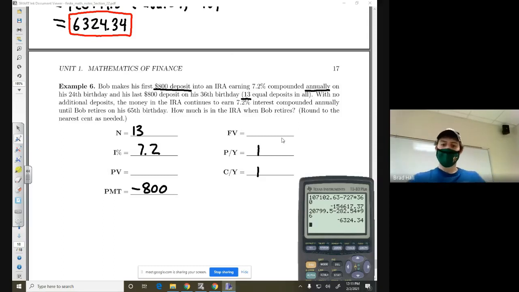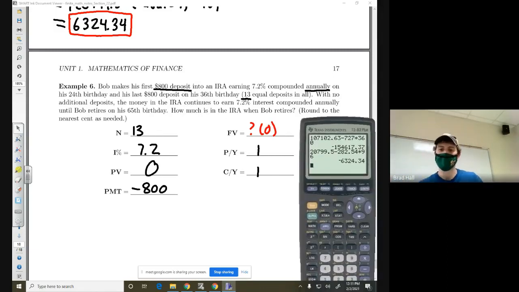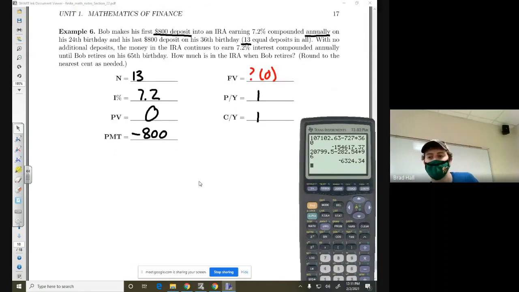And this IRA, since he's putting money into it, starts off with $0 and ends up with however much money it ends up with. This is everything up until Bob turned 36.